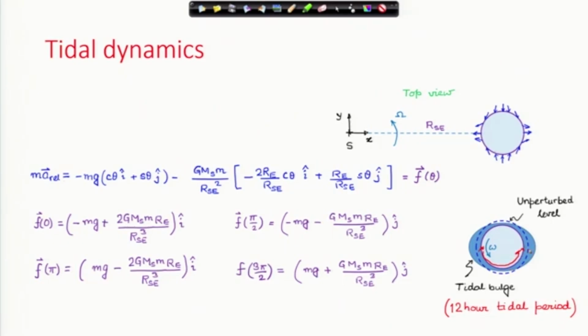So, from noon to midnight, and again the person will observe a bulge. Therefore, this tide has a 12-hour period. The tidal period has 12 hours. So, after every 12 hours you will see a high tide, or this portion is a low tide region. So, every 12 hours you will see low tide.